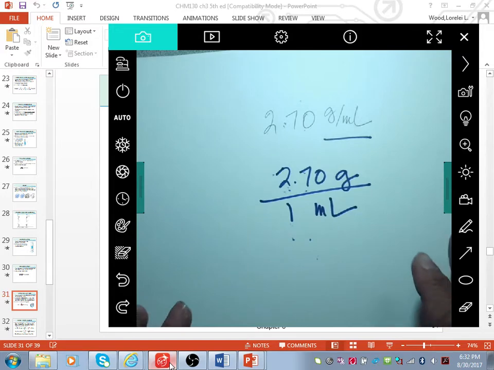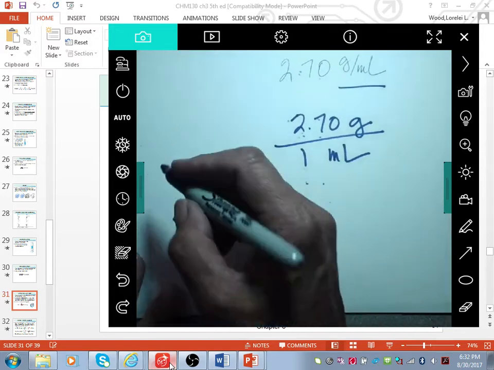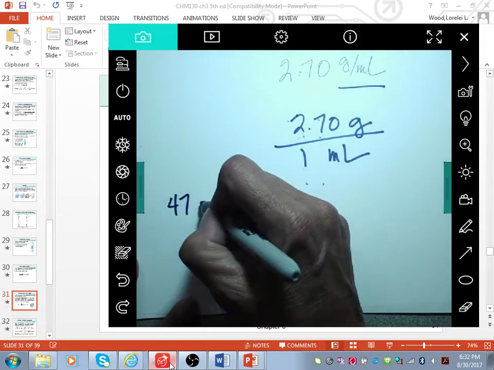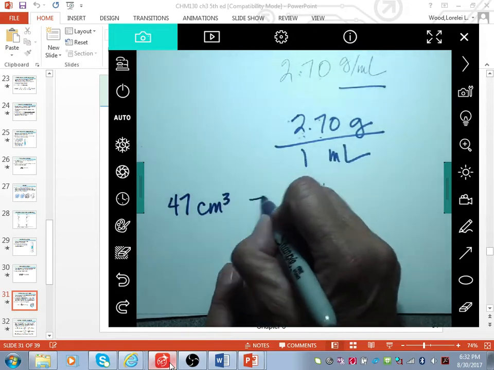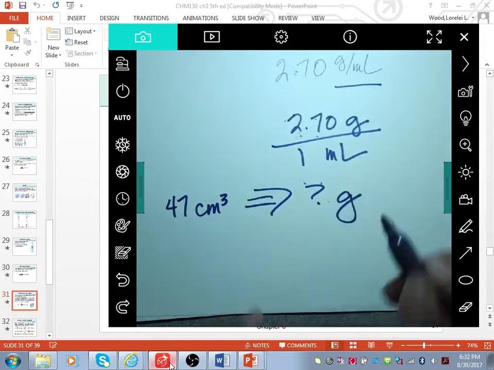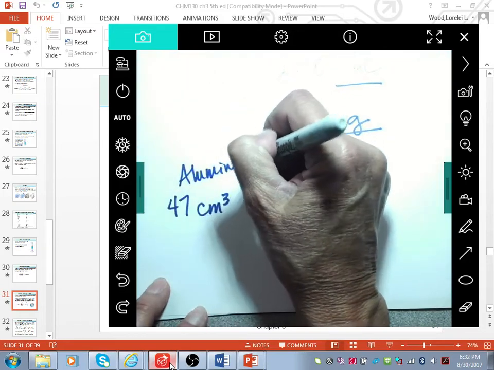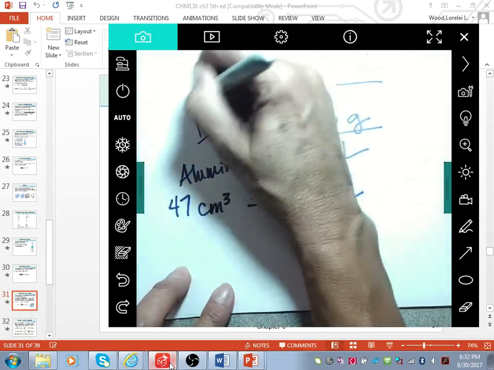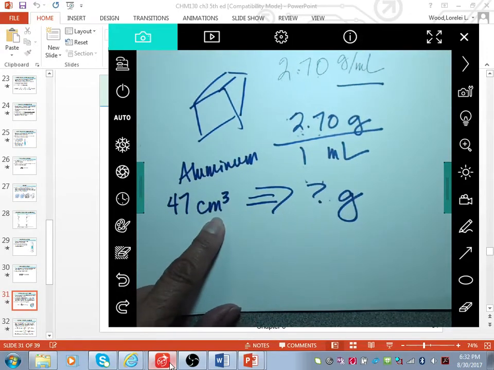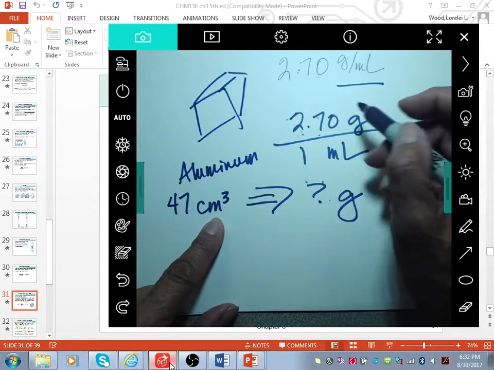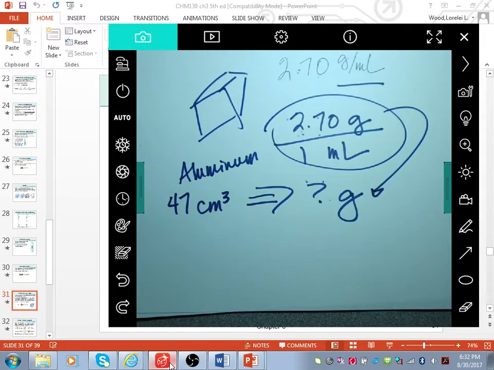So say, for example, if I gave you a hunk of aluminum, and I knew the volume of that hunk of aluminum was 47 cubic centimeters. And I want to know how much does it weigh. I measured it, and it comes out to 47 centimeters cubed. How could I use this as a conversion factor to figure out how many grams of aluminum I have?